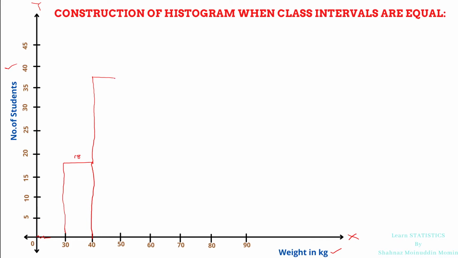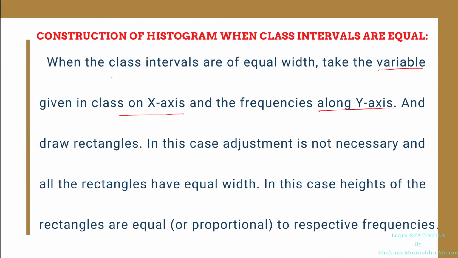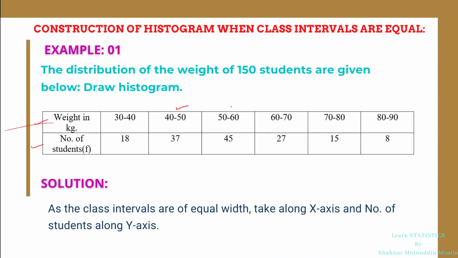Now I am drawing without a scale, so it is not looking proper. This is for the class 40 to 50 of frequency 37. For the next class 50 to 60, the rectangle height is 45. Similarly for 60 to 70, 27, 15 and 8.